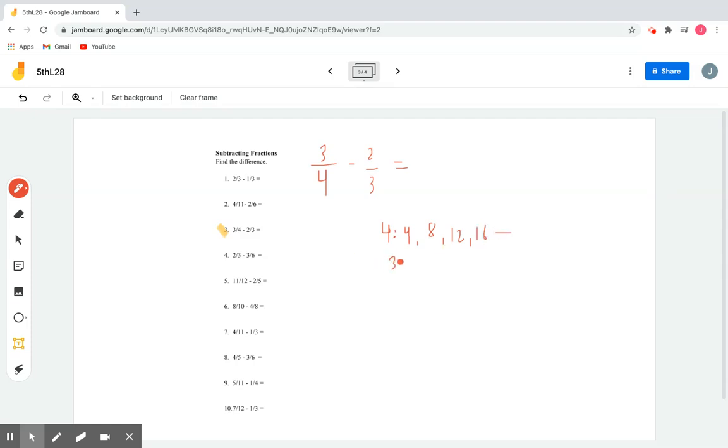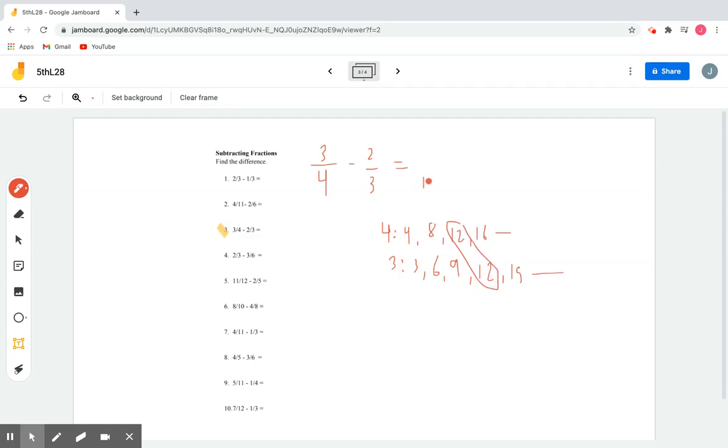And then let's look at the multiples of 3. We have 3, 6, 9, 12, 15, and then more. So we found the least common multiple, right? It's 12.